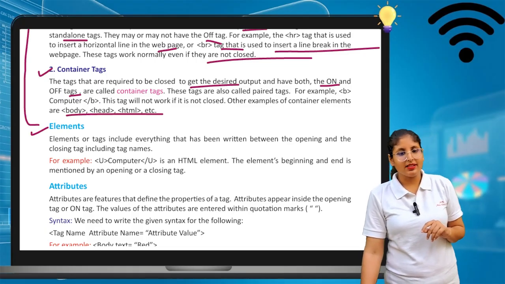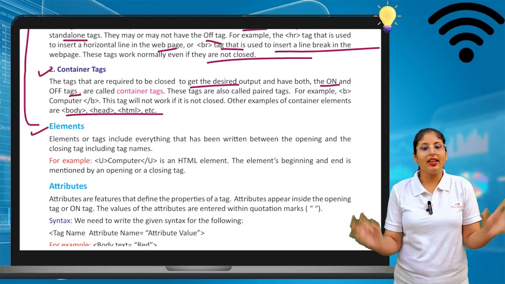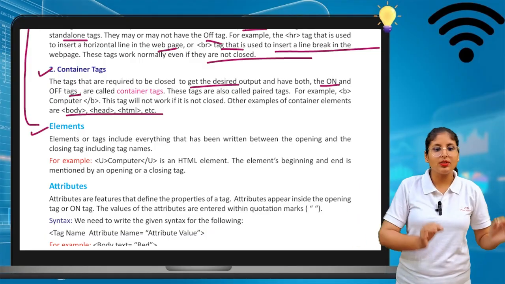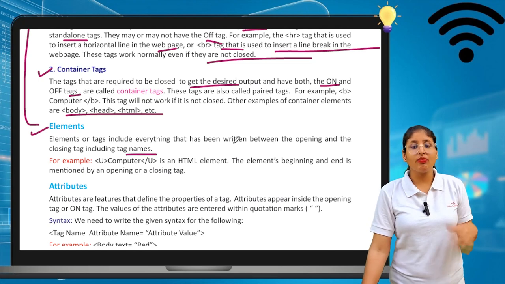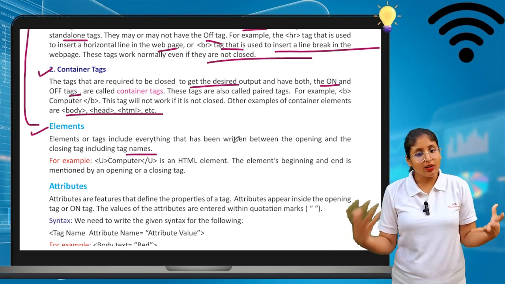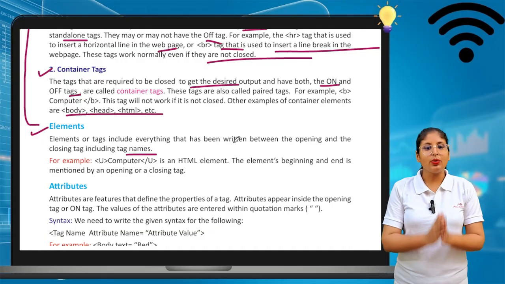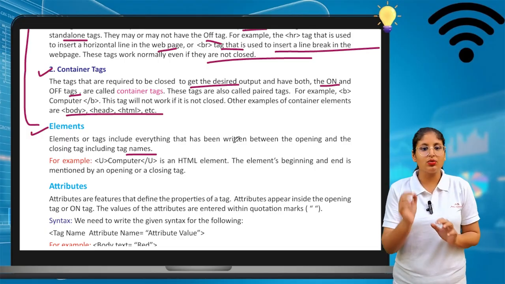What are elements? Elements or tags include everything that has been written between the opening and the closing tag, including tag names. So an element means we have the opening and the closing and the name too.